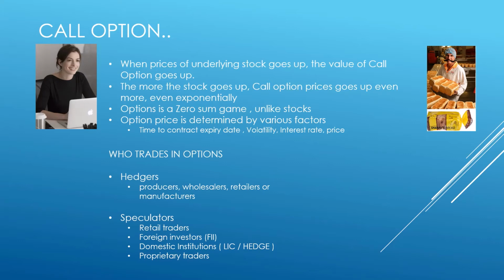Producers, wholesalers, retailers, or manufacturers. In this example, Shamu was a hedger who wants to hedge against irrational upside in wheat prices. And speculators, Leela was a speculator in this case. Main speculators in the market are retail traders, foreign investors, domestic institutions, and proprietary traders.